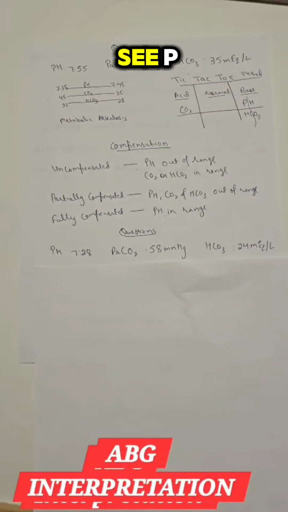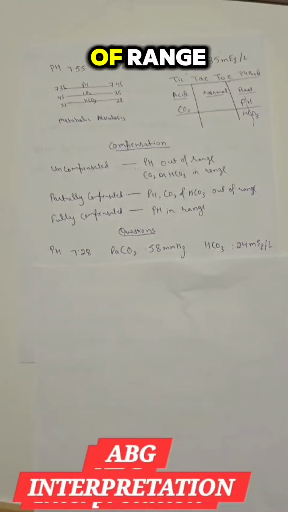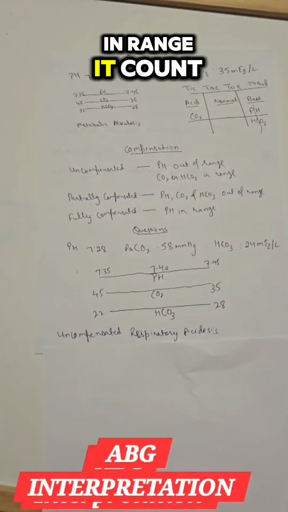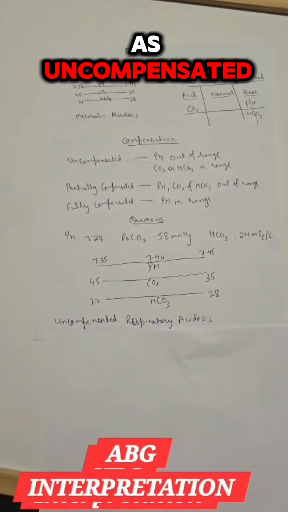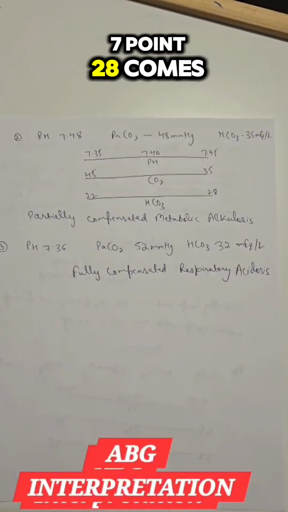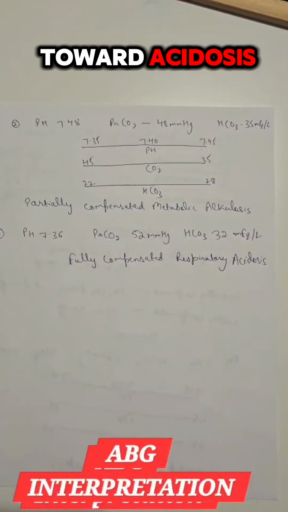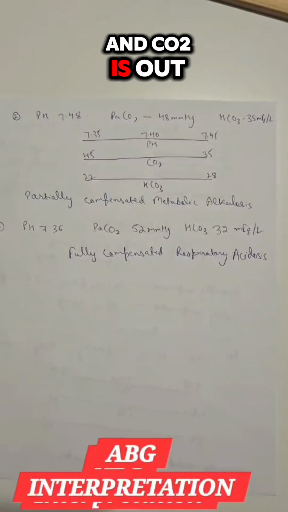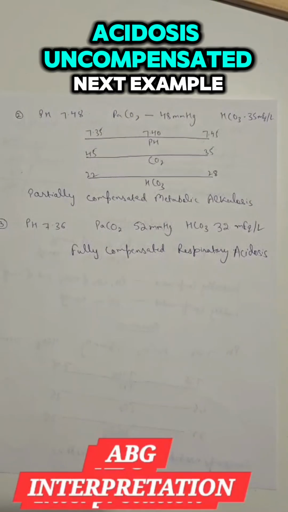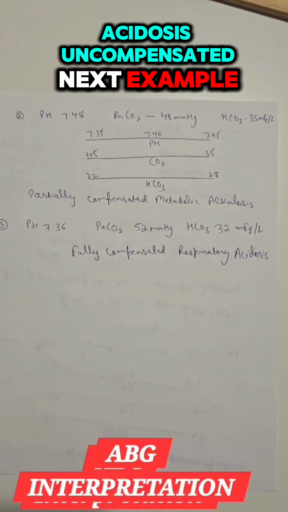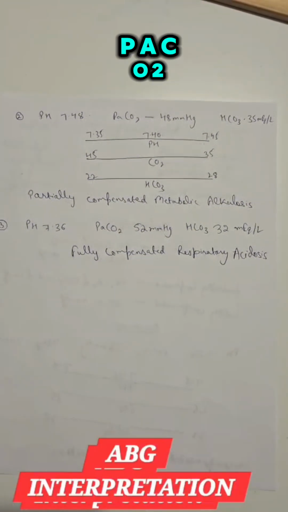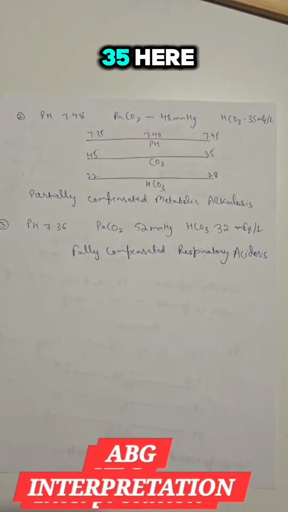So if the pH is out of range and CO2 or HCO3 is in range, it counts as uncompensated. And if you see the values, 7.28 is towards acidosis, and CO2 is out of range, so it is respiratory acidosis, uncompensated.